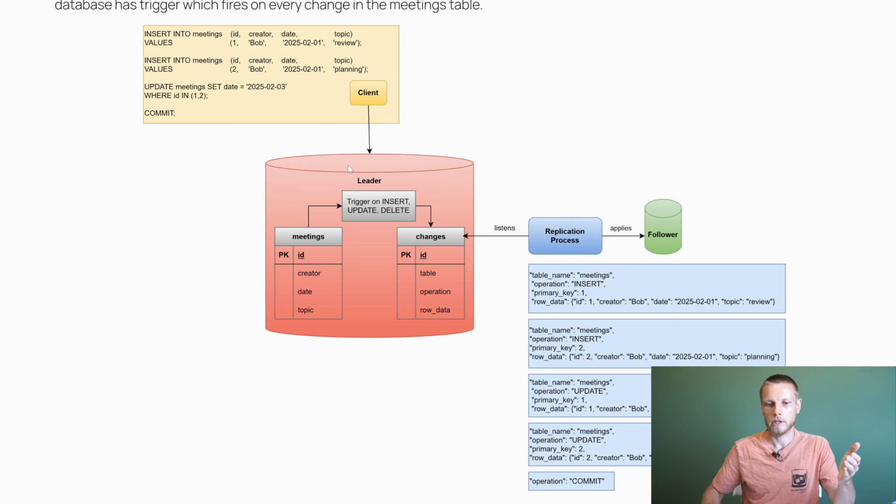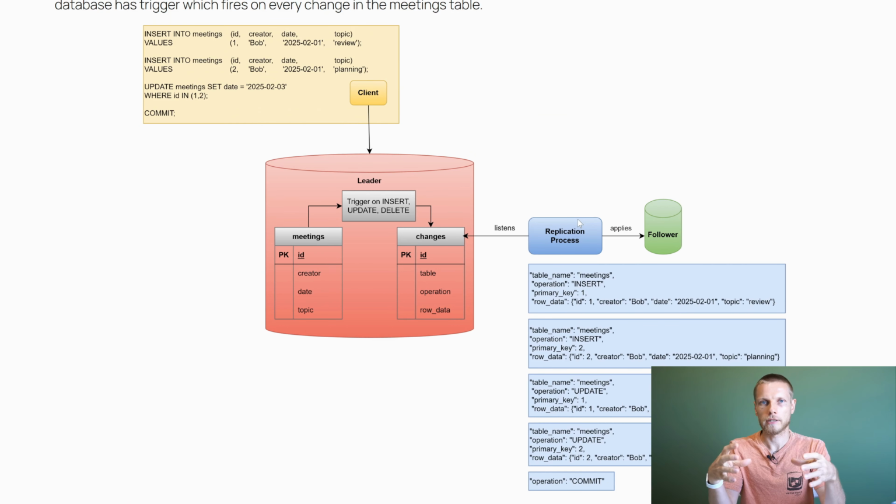For example, we could have Postgres here, but we could have MongoDB here, because we just need to map the relational structure of Postgres to the document structure of MongoDB. And it all can be done in our replication process. So basically, it's very, very flexible.